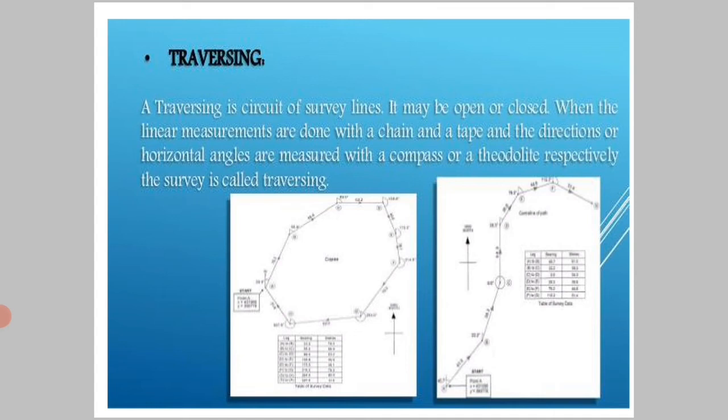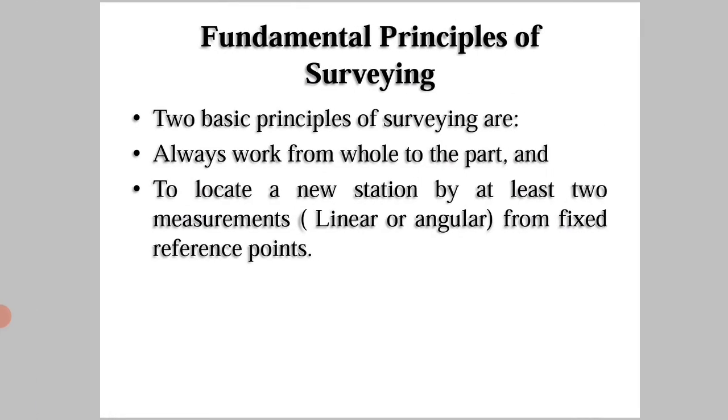When linear measurements are taken with a chain or tape and directions or horizontal angles are measured with a compass or theodolite, that is called traversing. Figure first shows a closed traverse and figure second shows an open traverse.